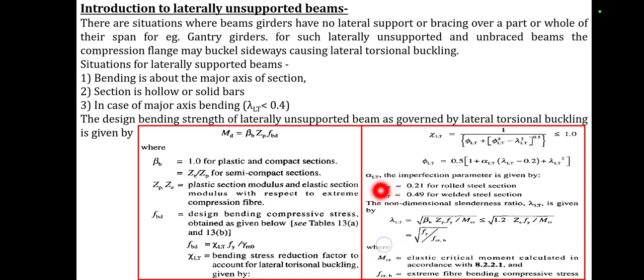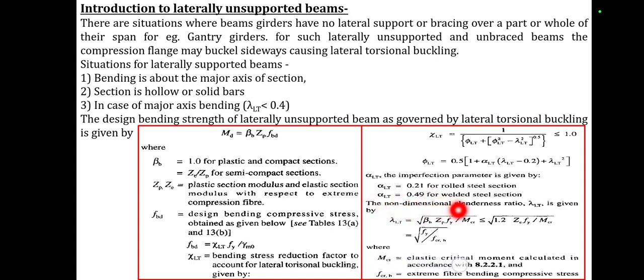Alpha LT is the imperfection parameter, which is given as 0.21 for the rolled steel section and 0.49 for the welded steel section. If the section is a rolled steel section, we take alpha LT as 0.21, whereas in the case of a built-up or welded steel section, alpha LT is equal to 0.49.